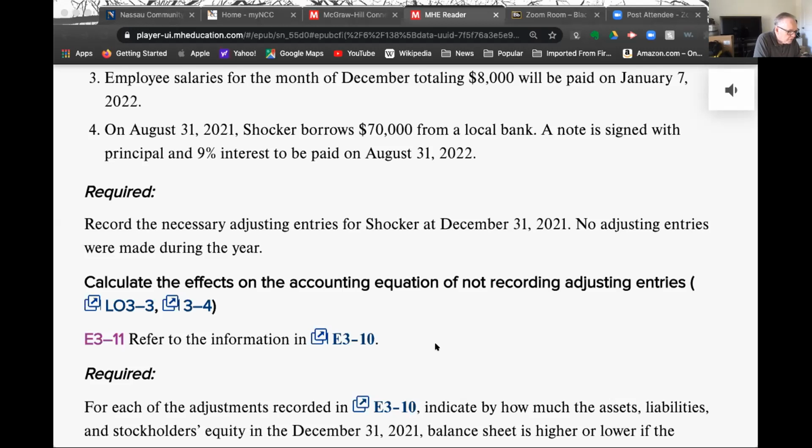Below are transactions for Hurricane Company during 2021. So we're going to do the same thing. We're going to make the adjusting entries. It's annual adjusting entries, right? No financial statements were prepared during the year and no adjusting entries were recorded, right? So December 31st is going to be our date.